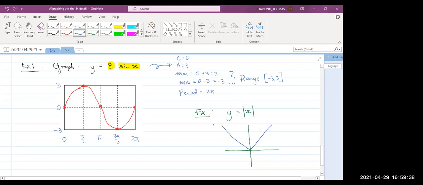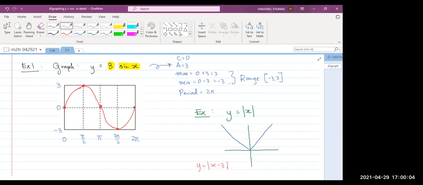You see what I mean? That's the graph of absolute value of x. Now, absolute value of x is not too hard to graph. So if I ask you, can you graph y equals absolute value of x minus 3? You can say, oh, I will move the graph 3 units to the right. Is it right? That's what it's supposed to be. You move the graph 3 units to the right. Are you with me?